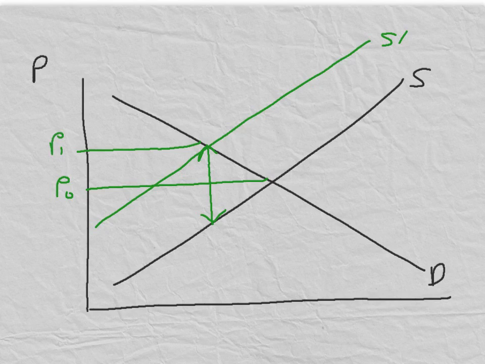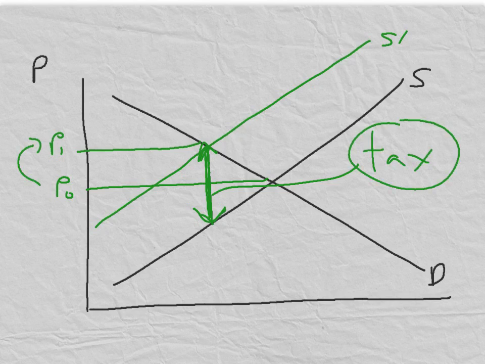P0 became P1, whereas the amount of the tax is a much greater vertical distance given by this arrowhead here. So, what affects the change in the price compared to the amount of the tax?